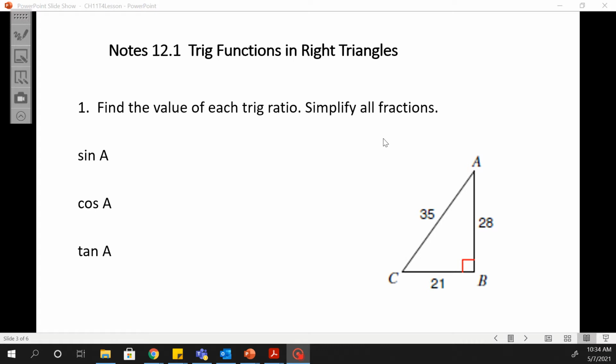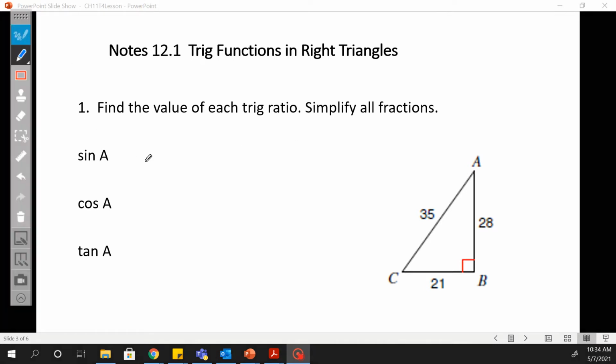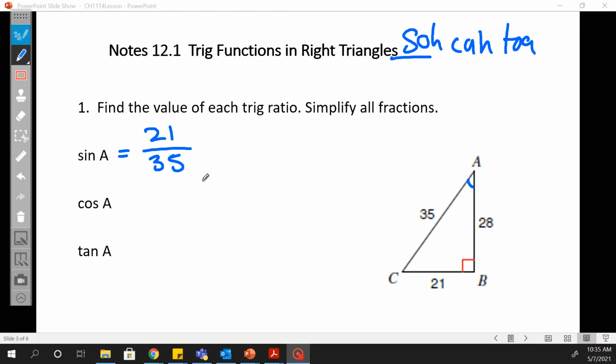Find the value of each trig ratio. Simplify all fractions. Right here we are taking the sine of angle A. If we look at SOHCAHTOA, this is sine, opposite over hypotenuse, so the opposite side, 21, over the hypotenuse, which is 35.